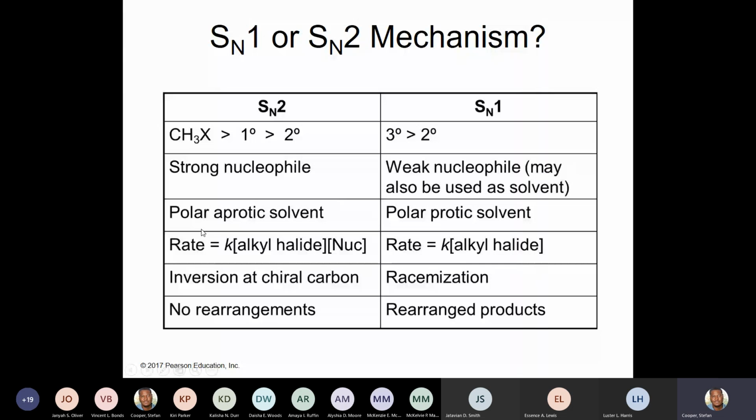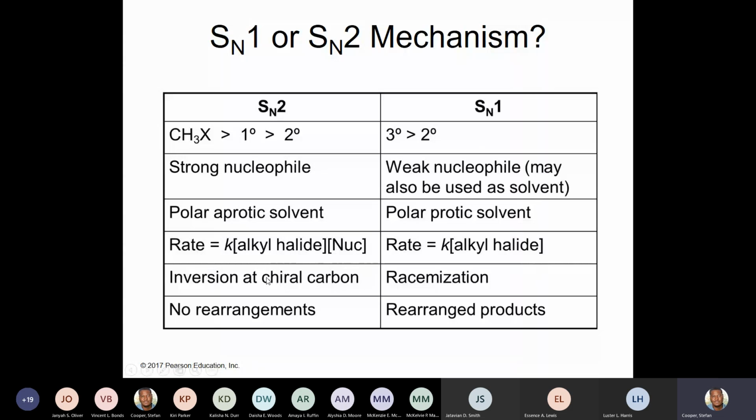For SN2, polar aprotic solvents are needed. For SN1, I need a polar protic solvent because it will help solvate the ions, the carbocation and the halide anion. The kinetics are determined from the concentration of the alkyl halide and nucleophile for SN2, but only the alkyl halide for SN1.